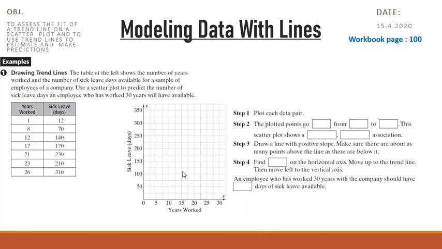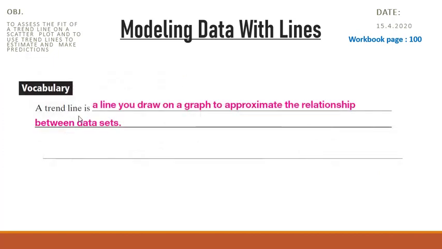Okay, Abdullah, I want you to do the scatter plot. Do you want the meaning of a trend line? It is a line you draw on a graph to approximate the relationship between data sets.